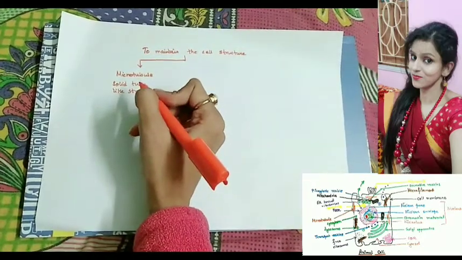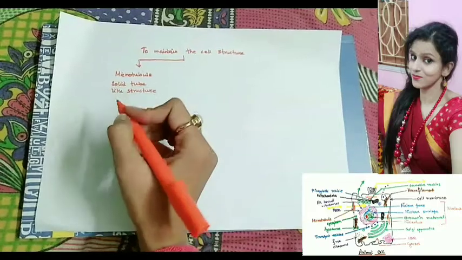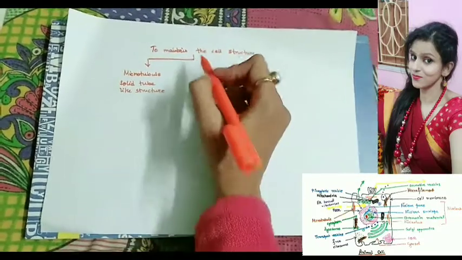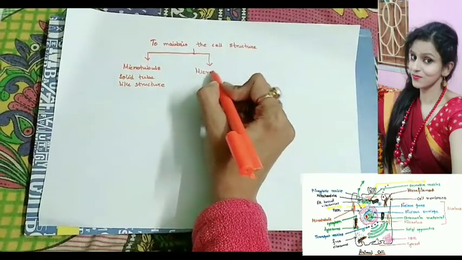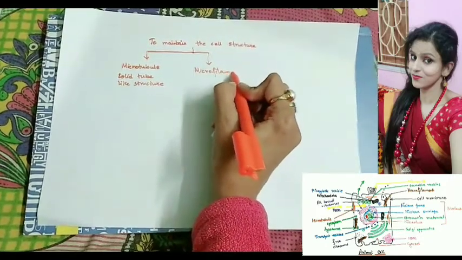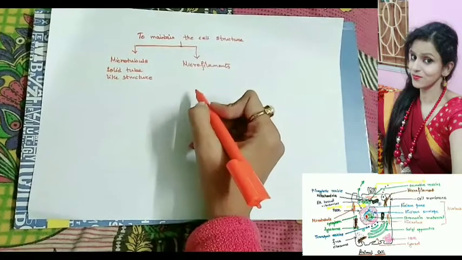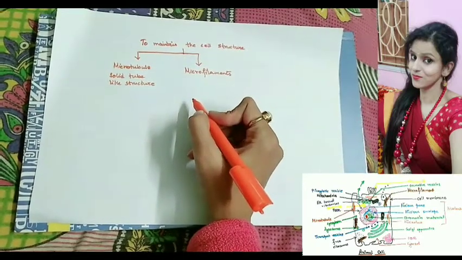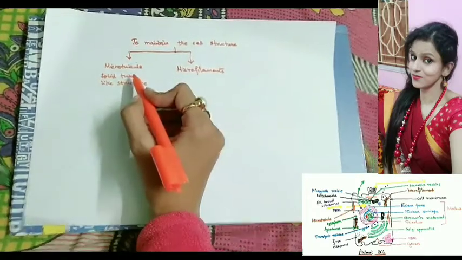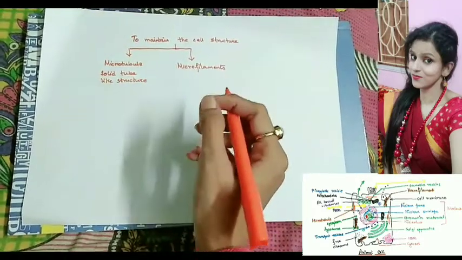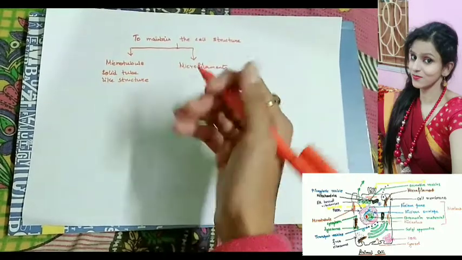The next part which helps to maintain the structure is the microfilament. These microfilaments are thinner than the microtubules, and they also help in maintaining the structure of the cell, which I will show you in the diagram also.